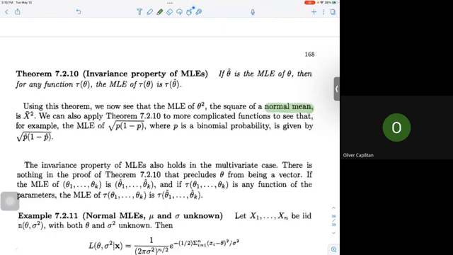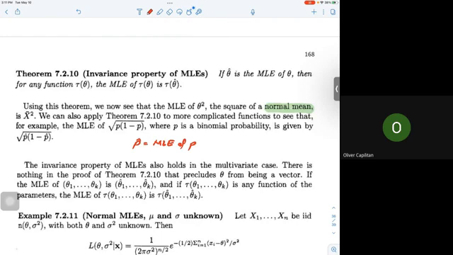For a more complicated function, say the maximum likelihood estimator of the square root of p(1 minus p), where p is a binomial probability, p hat here is the maximum likelihood estimator of our parameter.